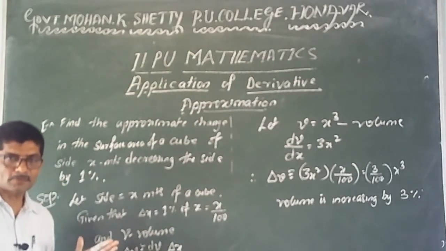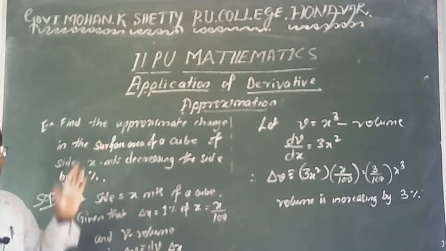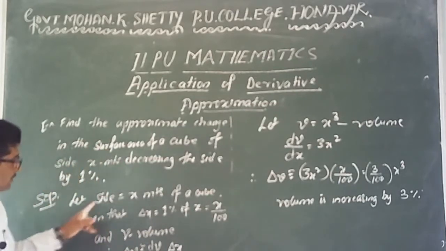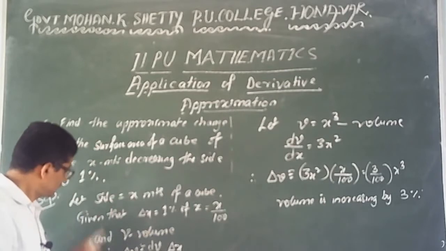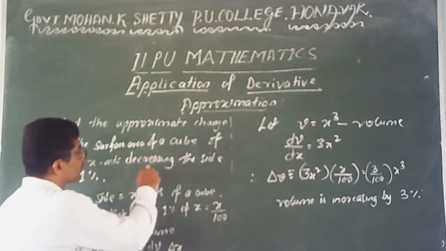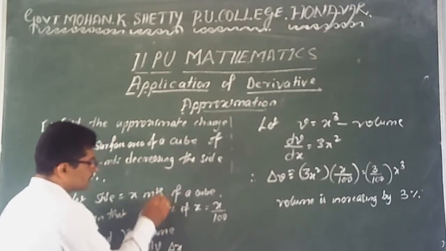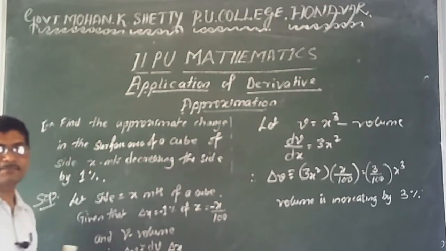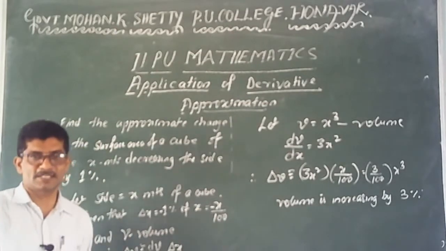These are similar type questions, calculating the error of surface area of a cube. The side is x meters. Given that the side is changing by 1%, decreasing. Decreasing means minus 1%. That value is minus x divided by 100.